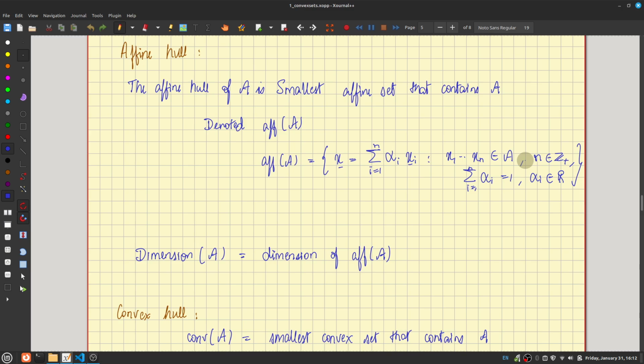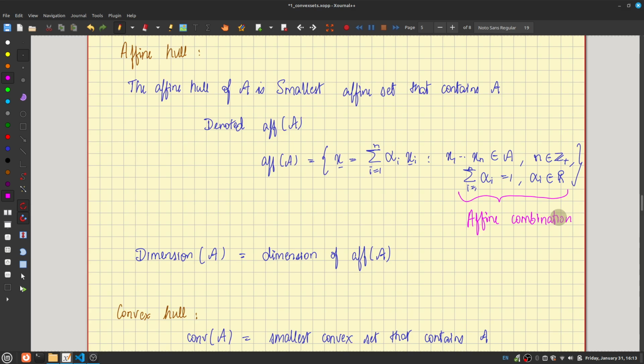There's no restriction. Such linear combinations, wherein each coefficient is an arbitrary real value but all of the coefficients sum to 1, are called an affine combination. So the affine hull is the set obtained by taking all possible affine combinations of a given set.